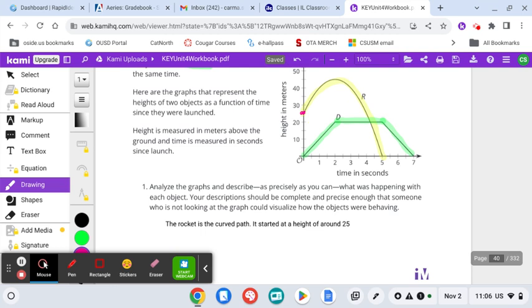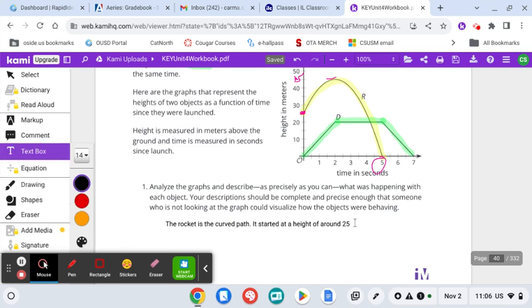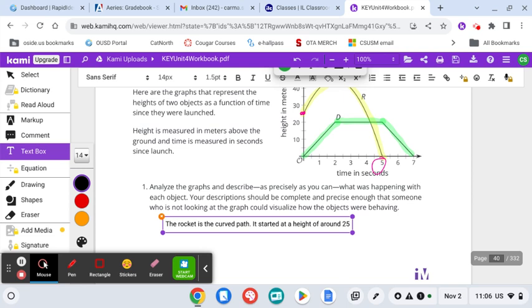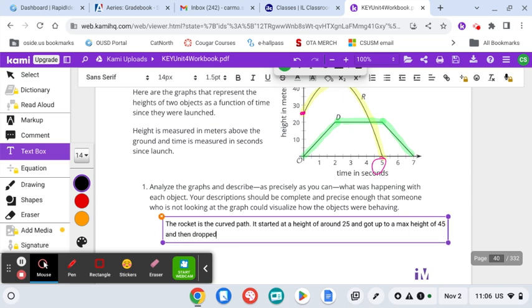It went up to a height of about 45. And then it went down back to 0 after 5 seconds. I mean, this whole path took only 5 seconds.